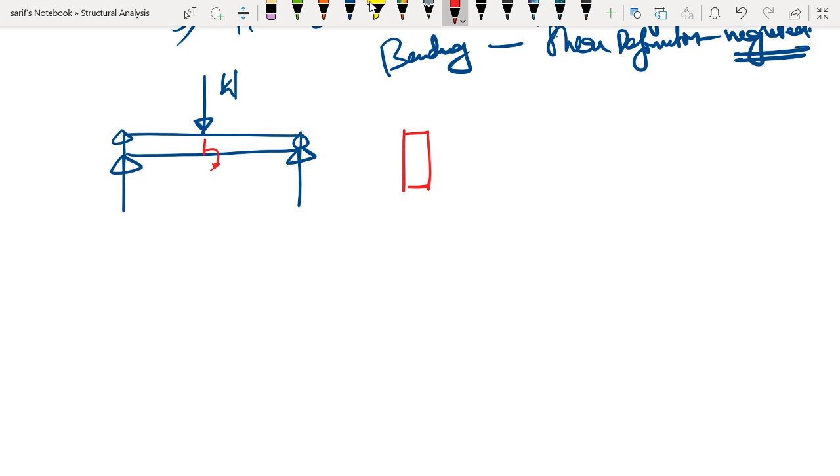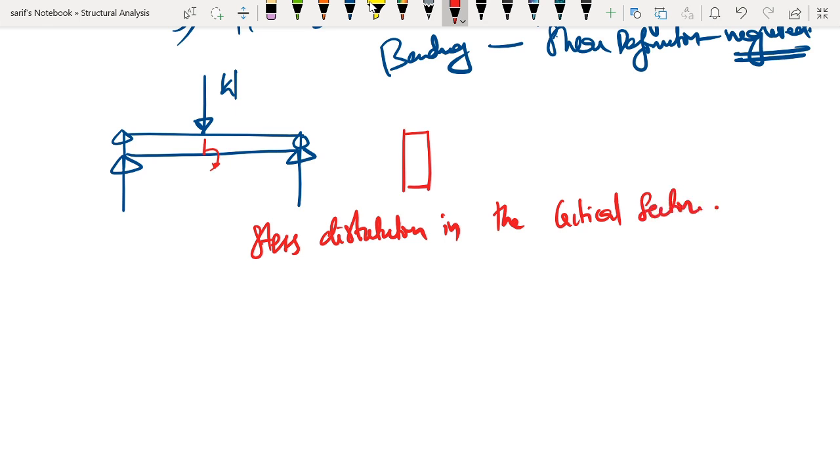So what we are going to consider is the stress distribution in the critical section. The critical section for a central concentrated load is nothing but the mid section, where the bending moment is maximum.